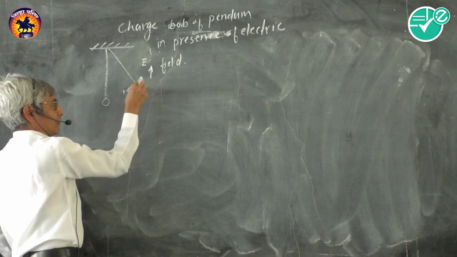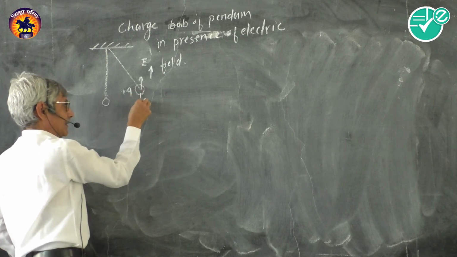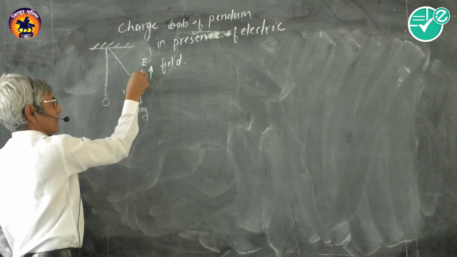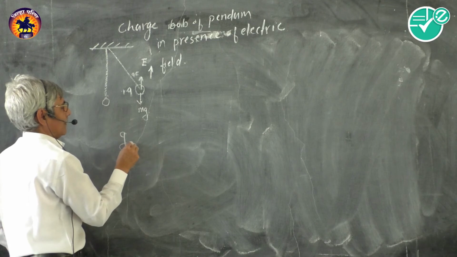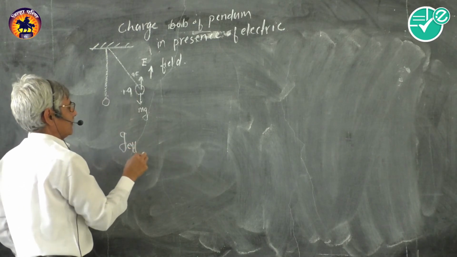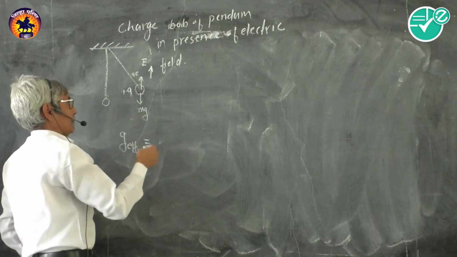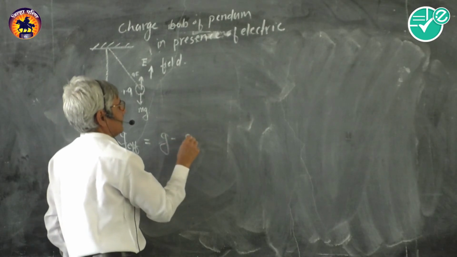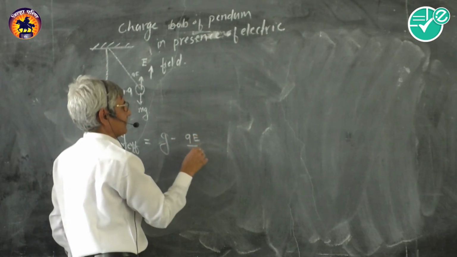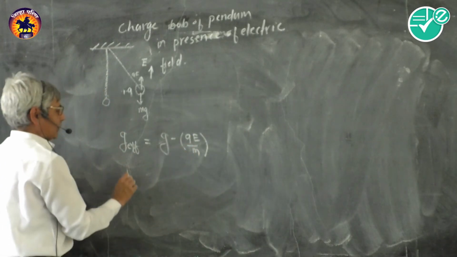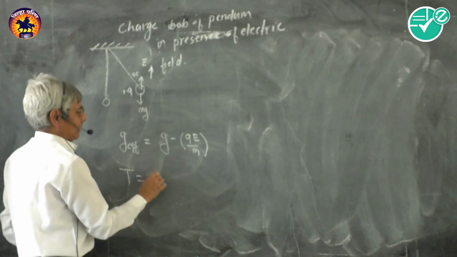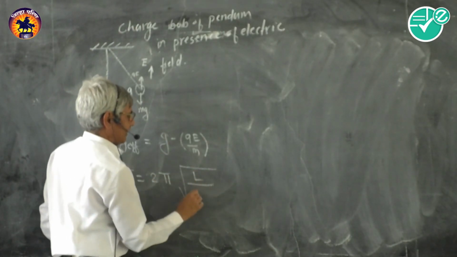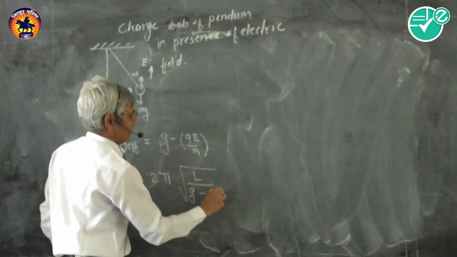This will cause a force in upward direction, in addition to force mg in the downward, and this force will be equal to q into E. The corresponding acceleration will be q into E by m, where m is the mass of the ball. So g effective becomes g minus q into E divided by m. The period of the pendulum in this situation will be T equal to 2 pi under root L divided by g minus q into E by m.